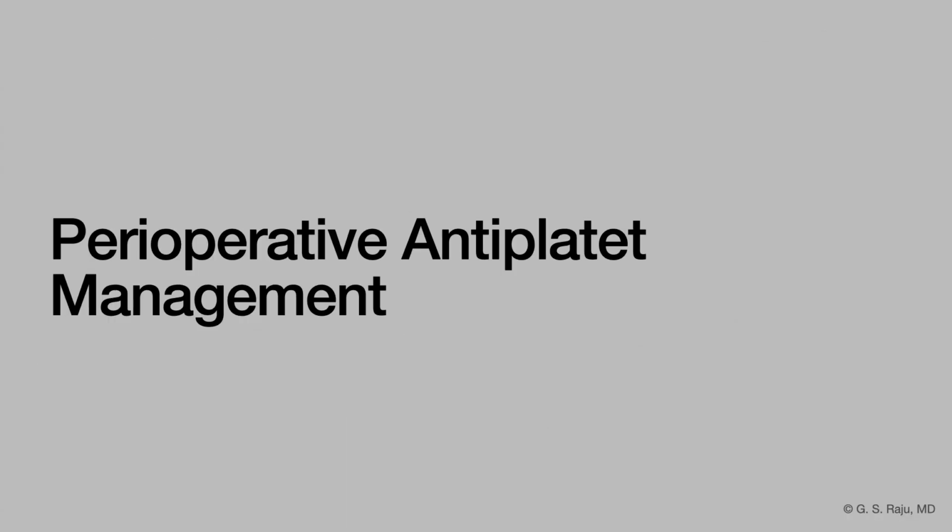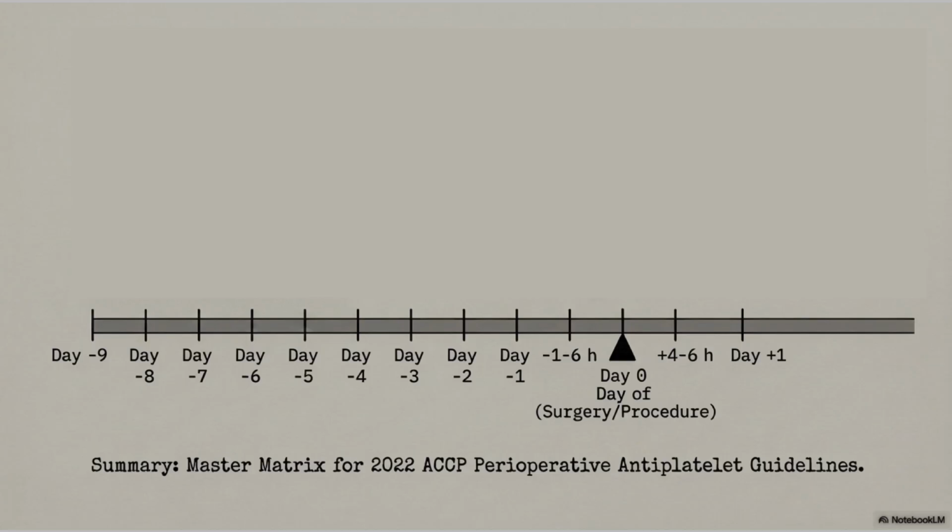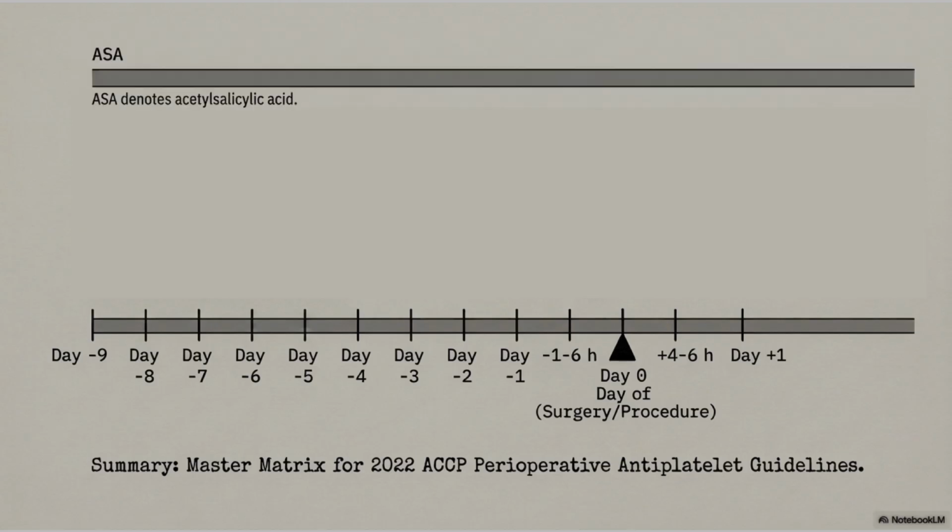So with this background, let's talk about perioperative antiplatelet management. Patients who are on aspirin for secondary prophylaxis, not primary prophylaxis, you should continue that aspirin for various endoscopy procedures.